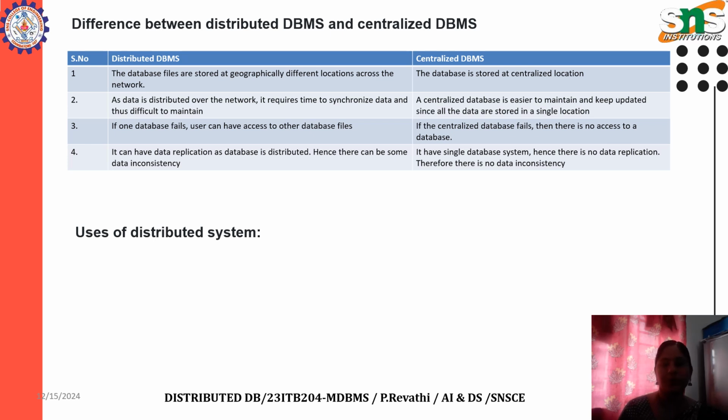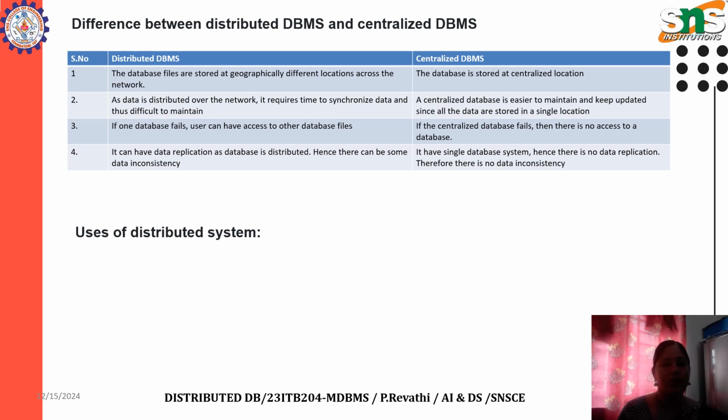Difference between distributed database management system and centralized database management system. In distributed database, the database files are stored at geographically different locations across the network. In centralized database, the database is stored at a centralized location.